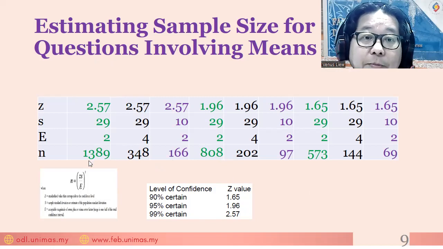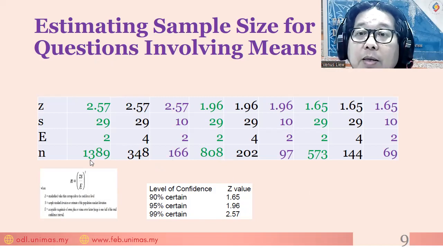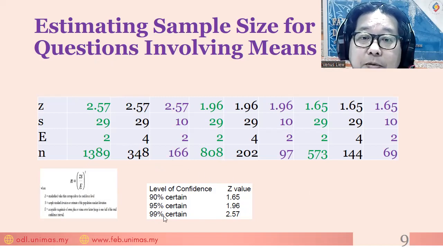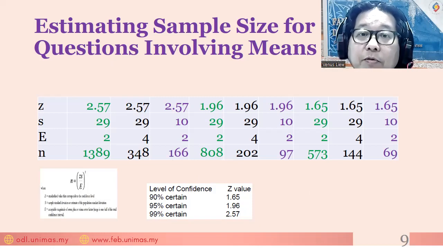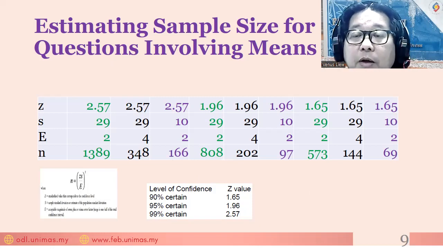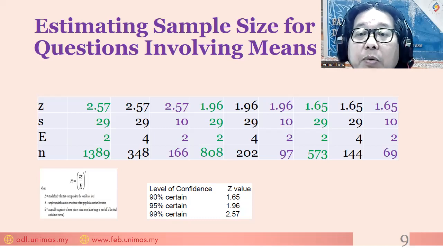In that case, you need a much higher sample size to establish 99% confidence of your estimated result. If you, for some reason, do not have a big budget, then you will think of reducing the sample size. How are we going to reduce the sample size?